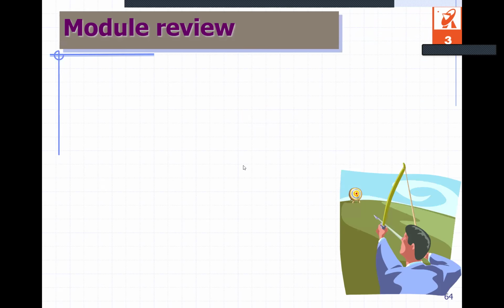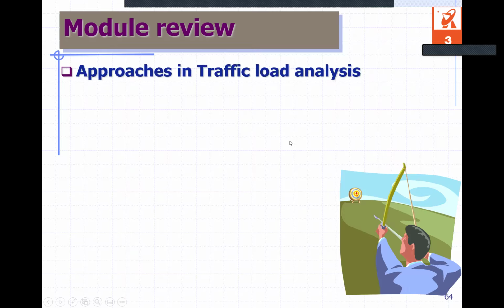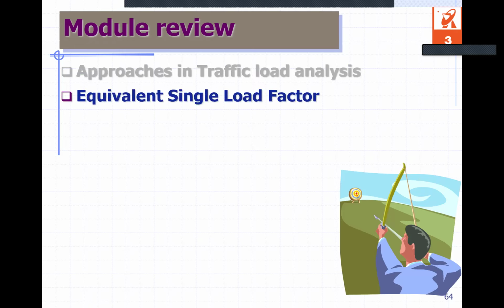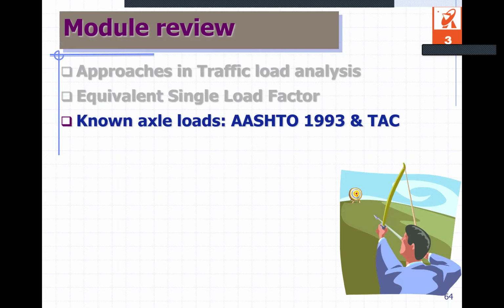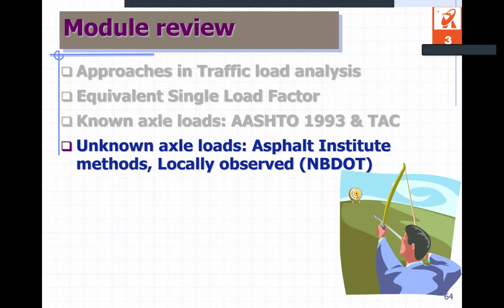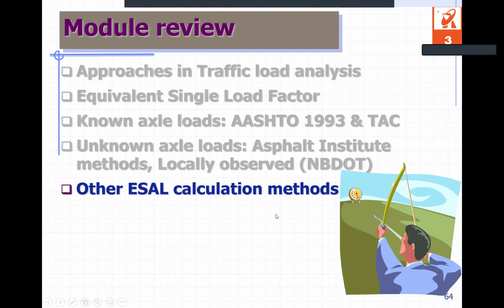All right. So the important thing today is that you have understood the concept of traffic load, single load factor, or damage by one pass, and then based on AASHTO or TAC, you can estimate the amount of ESALs. If you don't have historical data, then you can use these average values that the province has estimated, and you can calculate the ESALs.